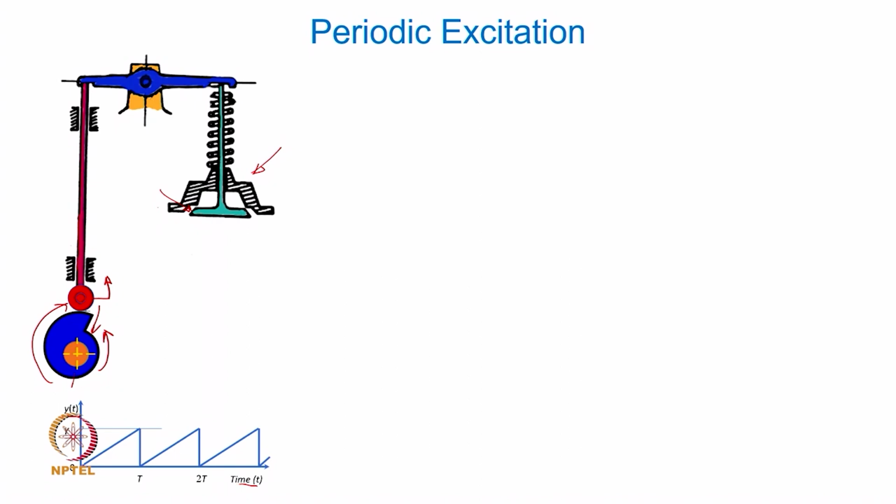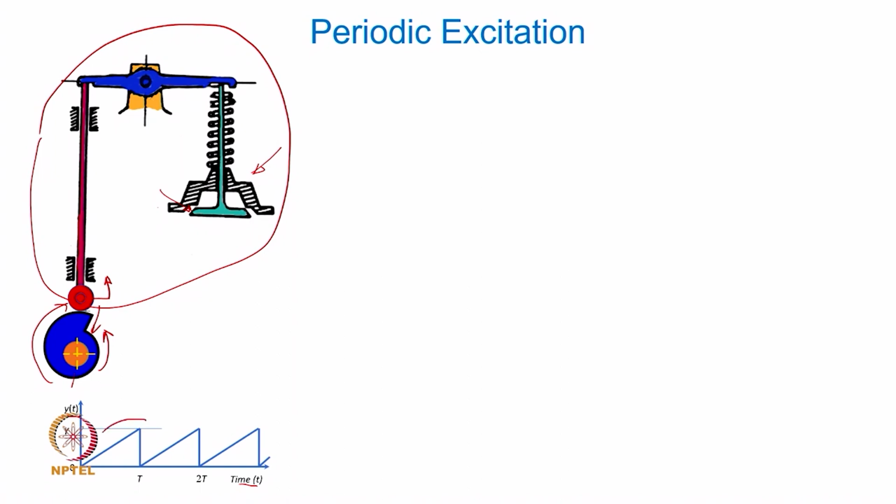It will gradually open and then suddenly close, then again keep opening and closing. Of course, there will be some dwell period, but for the sake of illustration we can broadly consider that the cam profile will be such that the motion imparted to the vibratory system is almost like a base excitation from the cam.